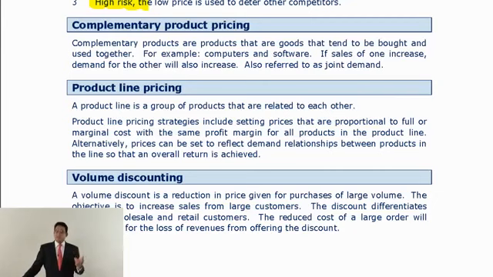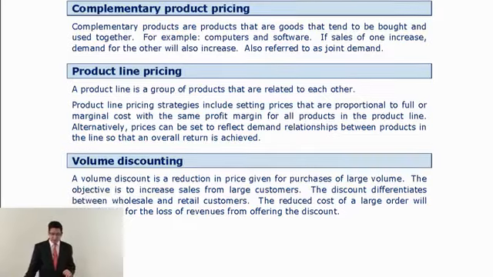If you buy shoes, a number of people may end up buying shoe polish as well. If you buy a car, a number of people may buy car seat covers as well, which are complementary. So if the demand for the main product increases, demand for accessories increases as well.